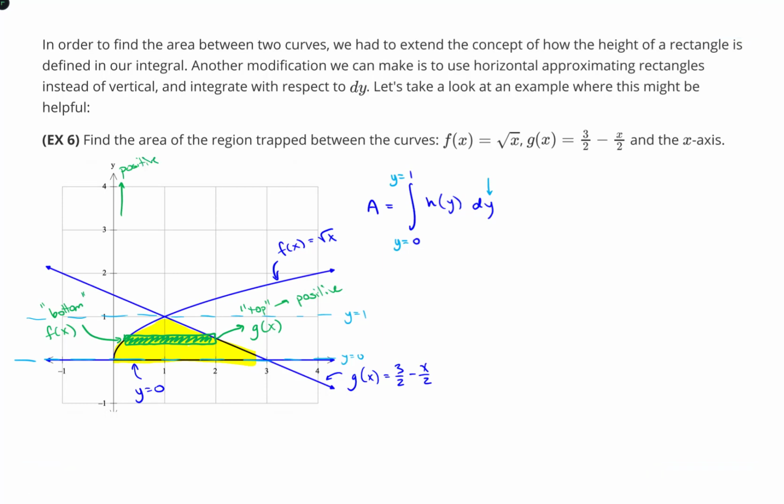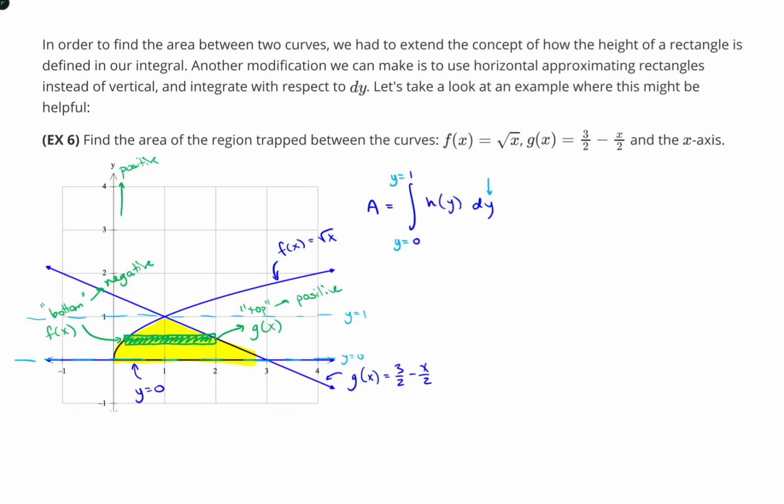So here, the top of the rectangle is going to be the part that's in the most positive x direction. The bottom is going to be in the most negative direction. So we want to probably try to stay away from using top and bottom and just use positive and negative, because that works for both orientations.